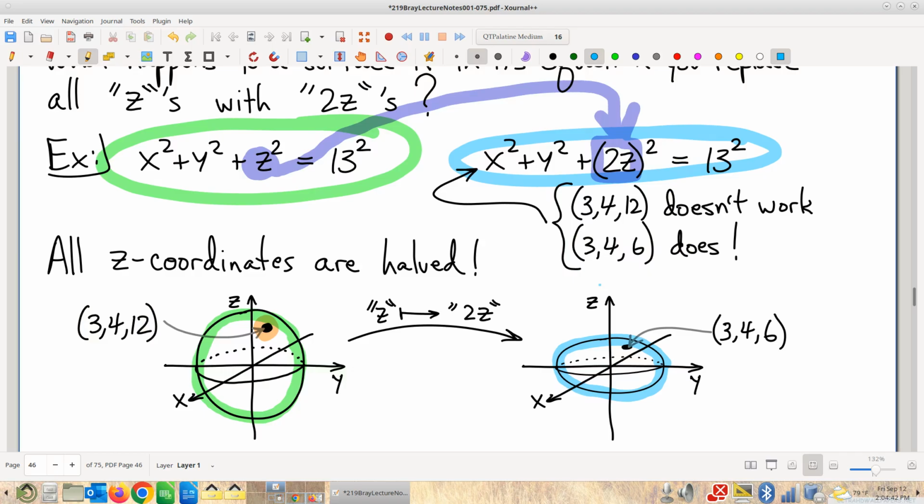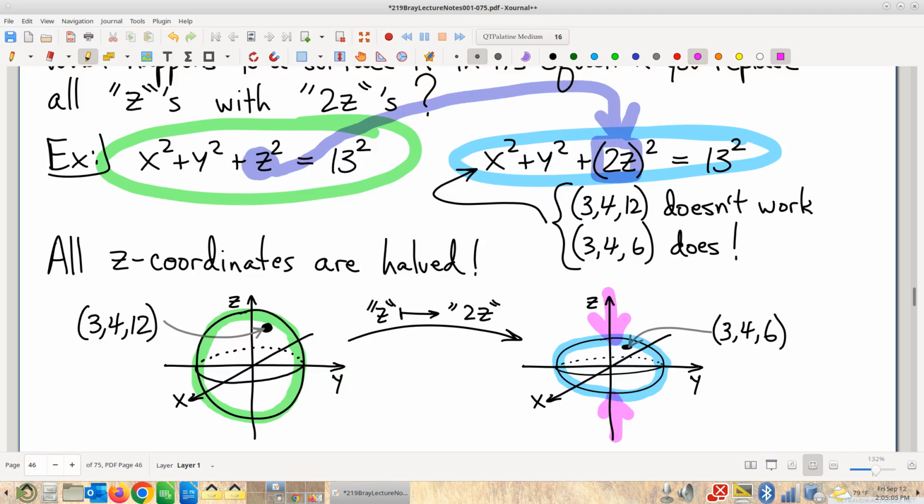The process that happens geometrically is that the surface gets squished in the z direction by a factor of 2. Is that cool?